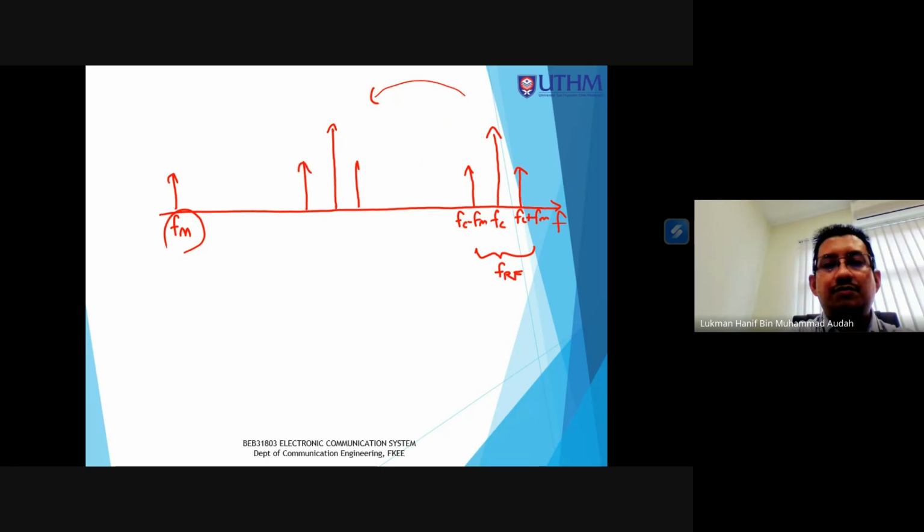This is going to be F IF center, which is stated in the previous slide, with a factory tuned setting at 455 kilohertz. Then this is F USF, the upper side frequency, and this is F LSF, the lower side frequency.